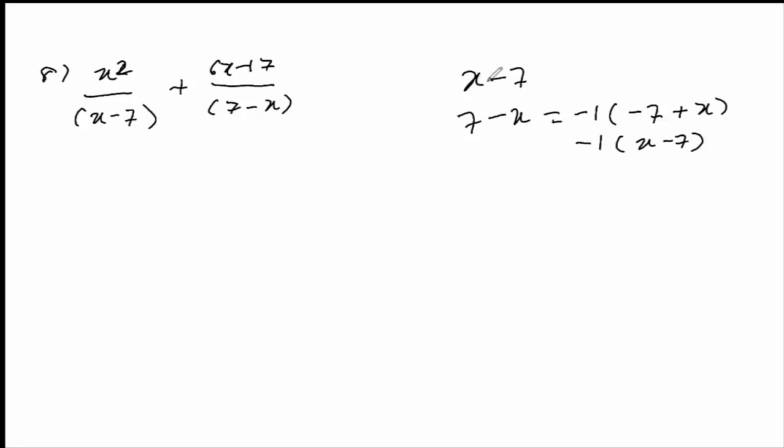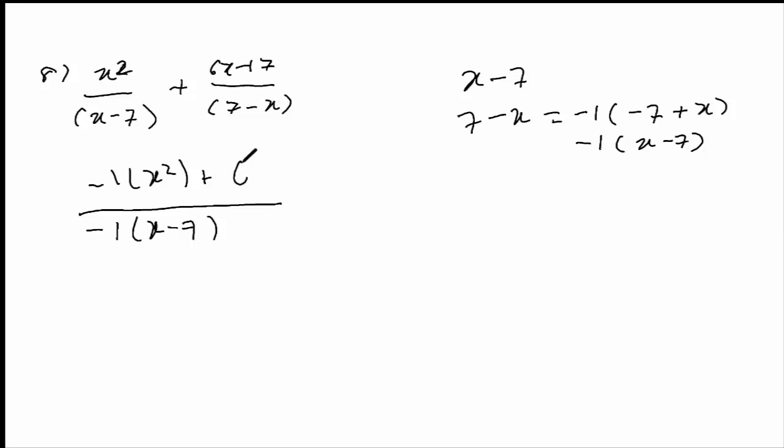So for our first term, we have x minus 7, and then our second term is really -1 times x minus 7. So we can put -1 in our denominator here. This first term, as we see, lacks the -1, so we'll put -1 times x squared. And in the second term, we have everything that we need, so we just rewrite the second term.